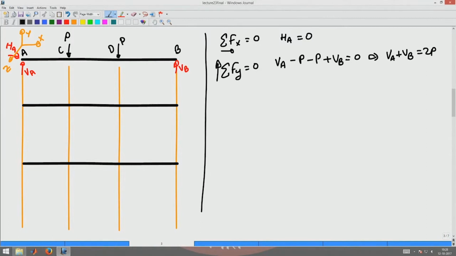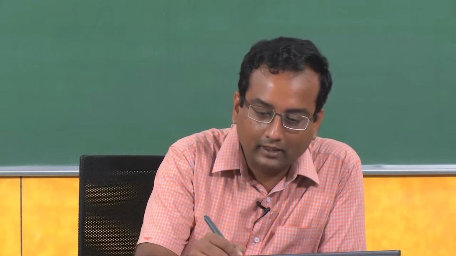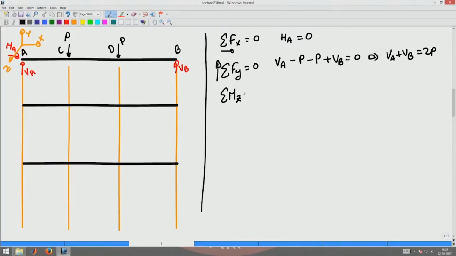Now, the other equation that I have is a moment equilibrium equation. It is a plane problem, so I will have only 3 equations. The next equation I have is the sum of moments Mz has to be 0. I am taking anticlockwise moment as positive and I am taking this moment equilibrium about the point A. The point load acting at C produces an anticlockwise moment, which is P times the lever arm, the distance from A to C, which is L by 3.